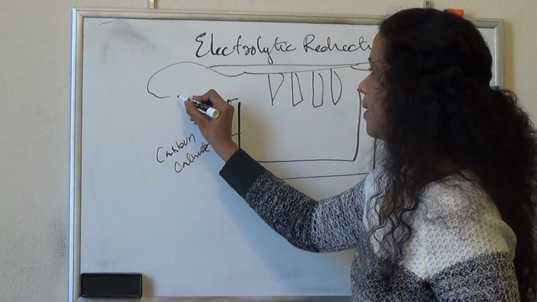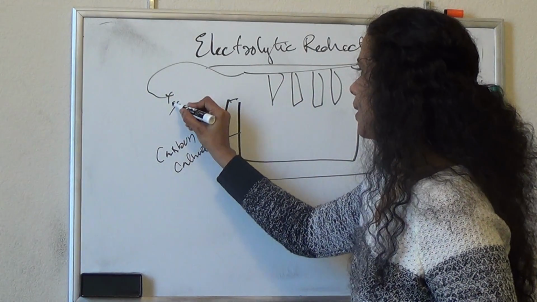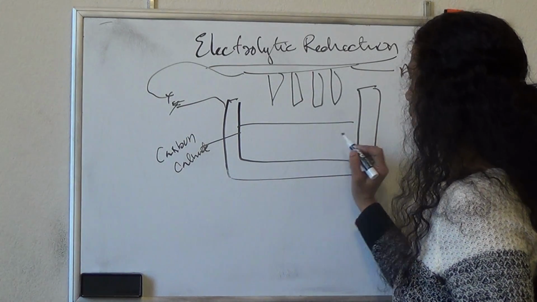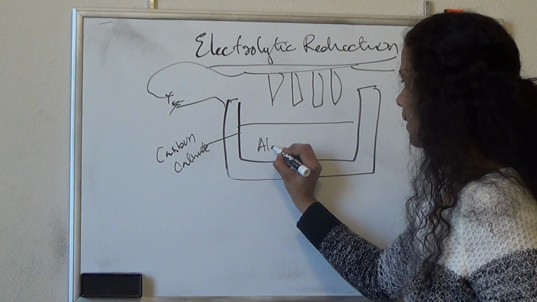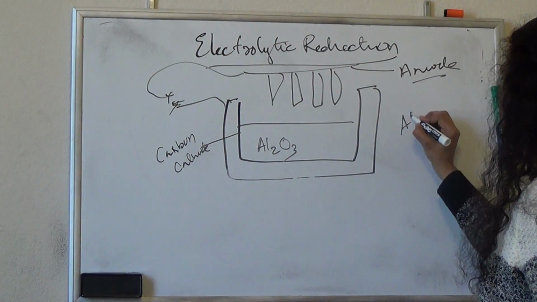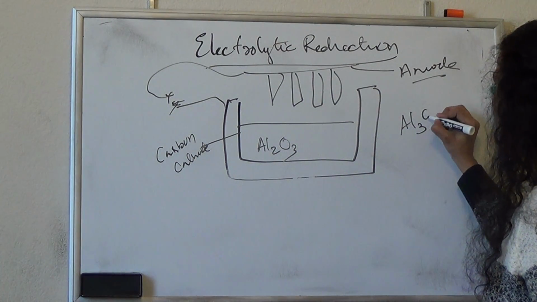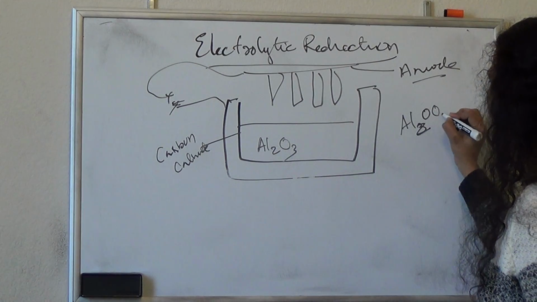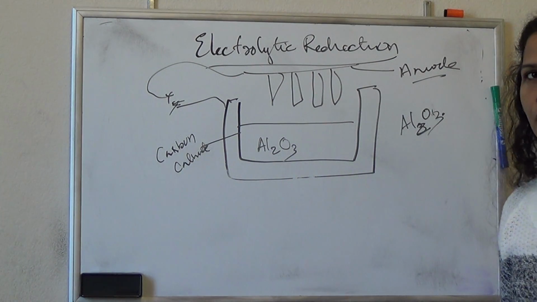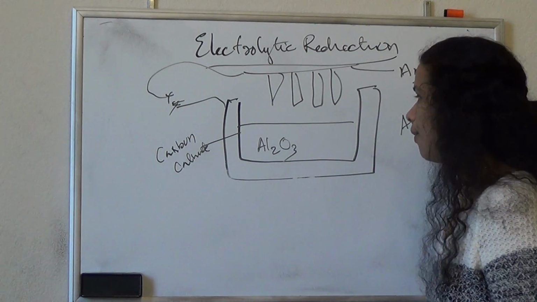Then it is connected to an electrical source. The molten ore we are using is alumina from bauxite. Al2O3.xH2O, on heating, loses all the water and we get Al2O3. That is the pure ore of aluminum.